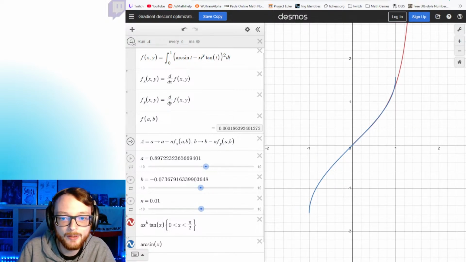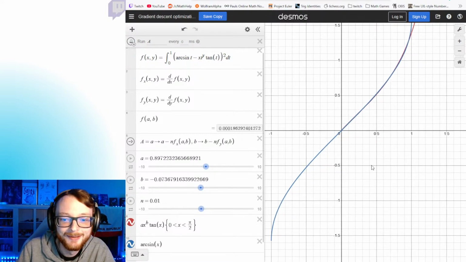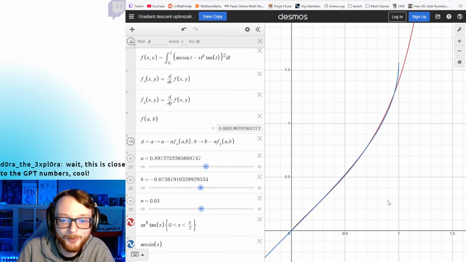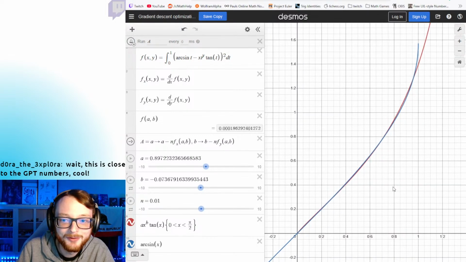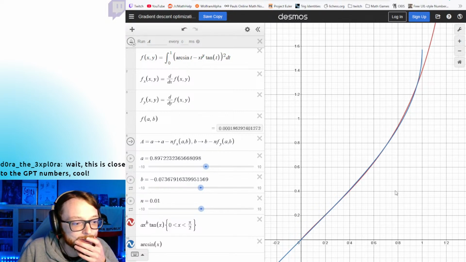Wait, arcsin isn't defined between 1 and pi over 2. That's a bit of an error in the question, right? That is pretty freaking close, though. Yeah, that is close to the ChatGPT numbers. That's neat, Territar. Thank you for making that.